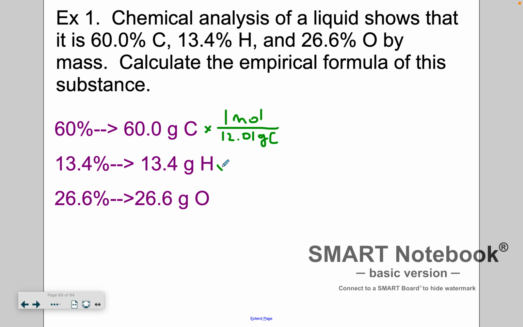Do the same thing for hydrogen. Set up my mole conversion, with 1 mole going on top. The molar mass of hydrogen is 1.01 grams. And then my last conversion down here: 1 mole of oxygen is equivalent to 15.99 grams.